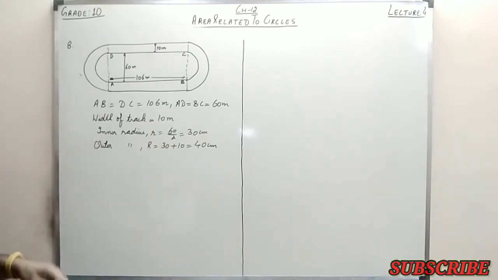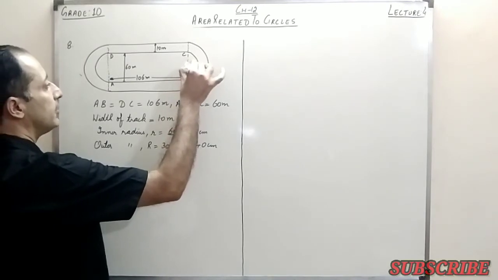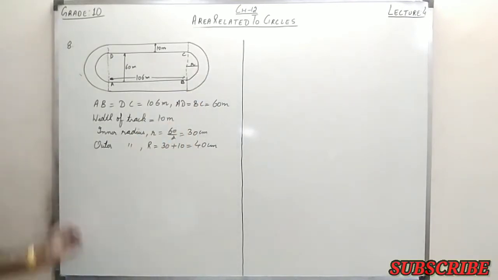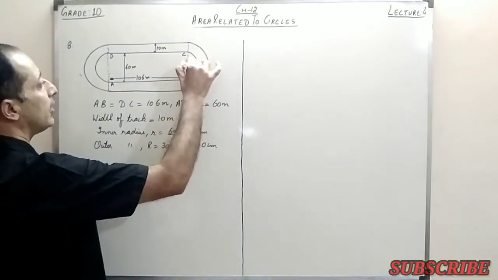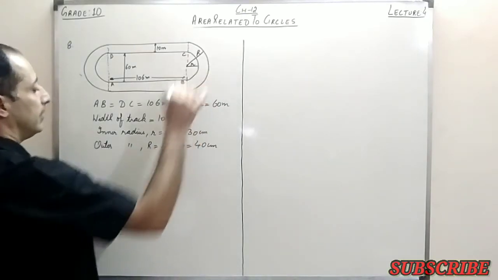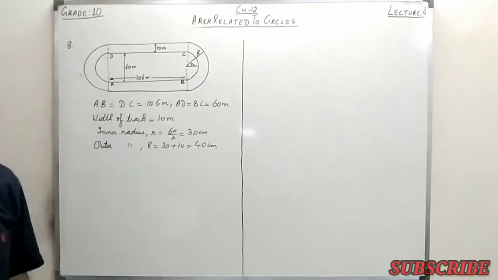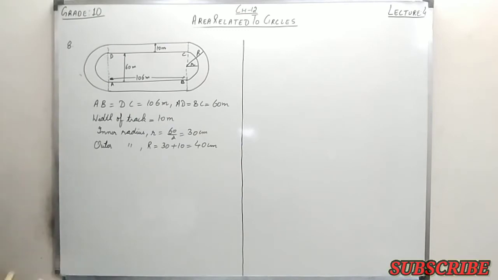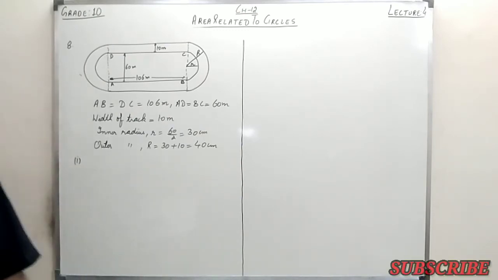But yes, you can see if from here I have marked a line, so this will be the radius, inner radius, right? So the inner radius R is 30 and this would be the outer radius. This will be 30 plus 10 comes out to be 40 centimeter. Now in the first part, what I have to find is the distance around the track along its inner edge.